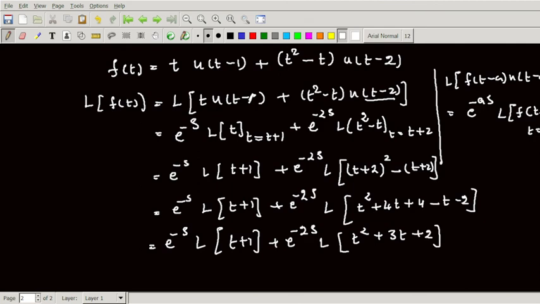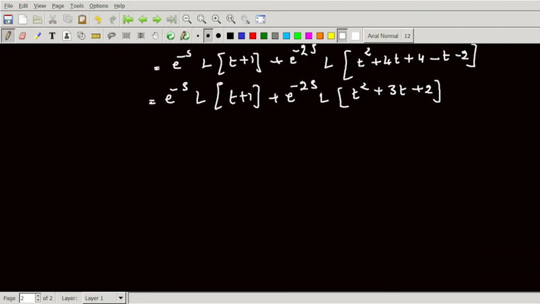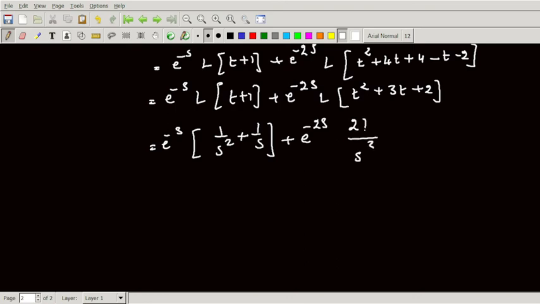Now this is the form of Laplace of f of t. Now we can apply the answer. So here e power minus s. Now I am applying the Laplace. Laplace of t is nothing but 1 by s square, plus 1 is 1 by s, plus e power minus 2s into Laplace of t square is 2 factorial divided by s power 3, plus 3 into 1 by s square, plus 2 is 2 by s.